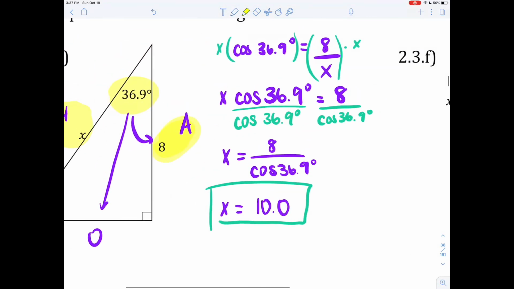In terms of steps that you need to show, you need to show again that original plugging in values to our original trig ratio. We need to show the step of isolating my unknown, and I need to show that final answer.